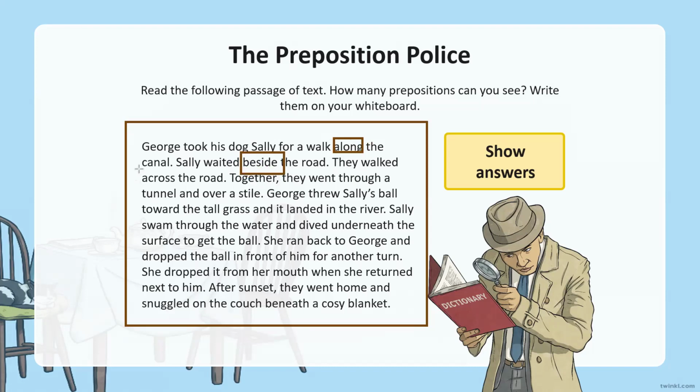Beside, across. Okay, what other prepositions here, Dolin? Can you circle? Underneath. Very good. Okay, beneath. Anything else?